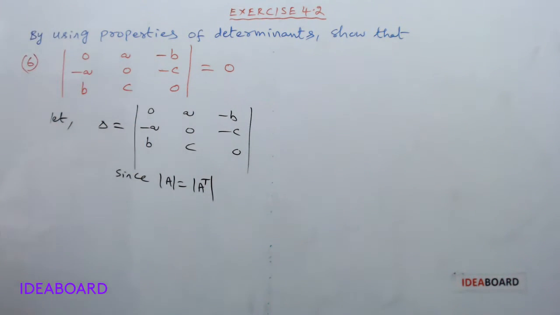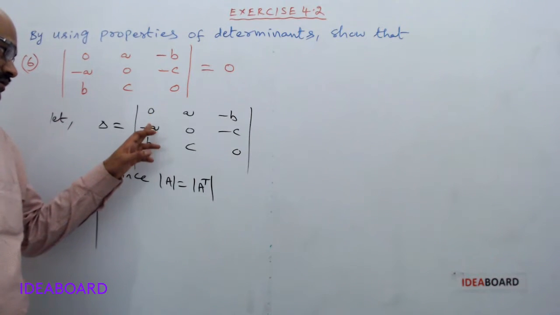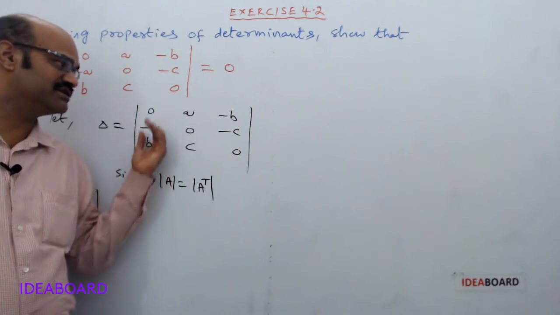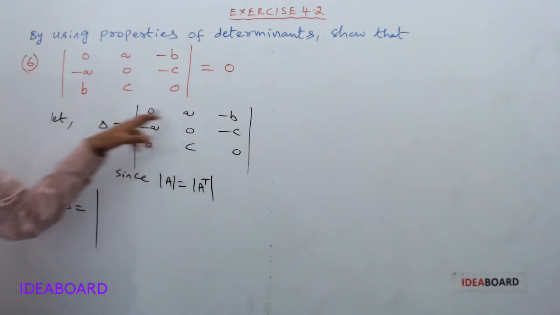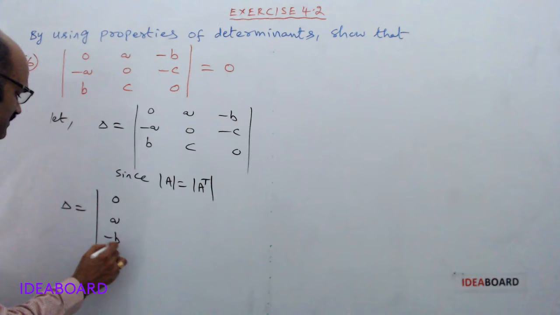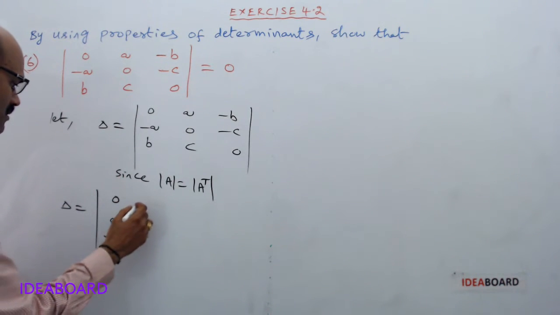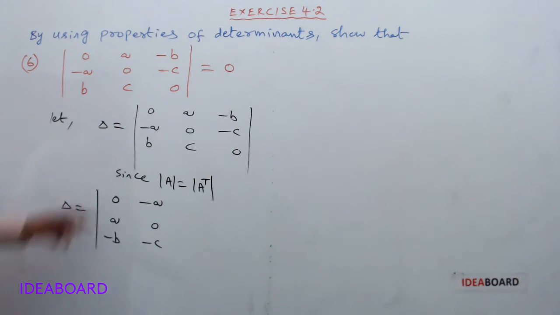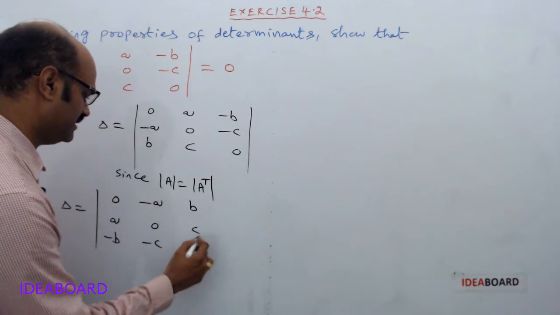So now we can write delta equal to determinant of, we know that transpose of a matrix means we interchange the rows into columns. So write first row into first column: 0 a minus b, minus a 0 minus c, b c 0.